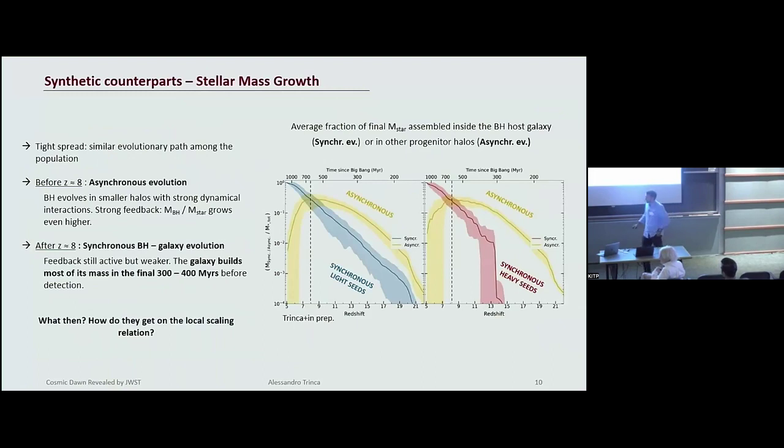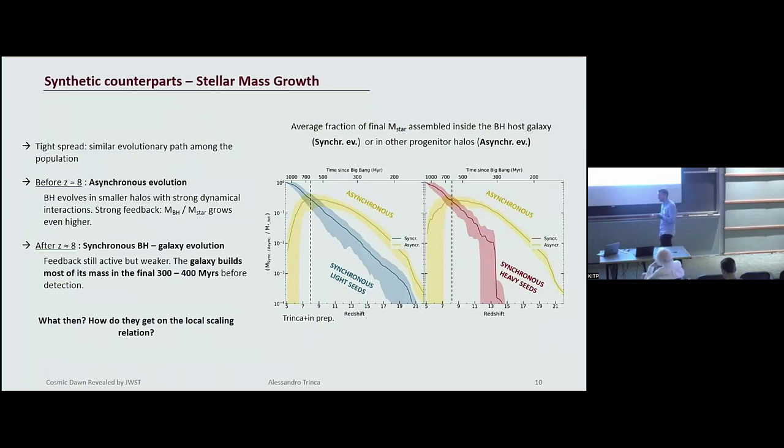Basically, what we find is that typically you have to explain why you're growing the black hole so quickly and not growing the stellar mass, so you build up this very high black hole over stellar mass relation. What we see for this population with this model, which is at the moment pretty simplified but seems to catch something interesting on the physics of the evolution, is that at early times you have this smaller system.